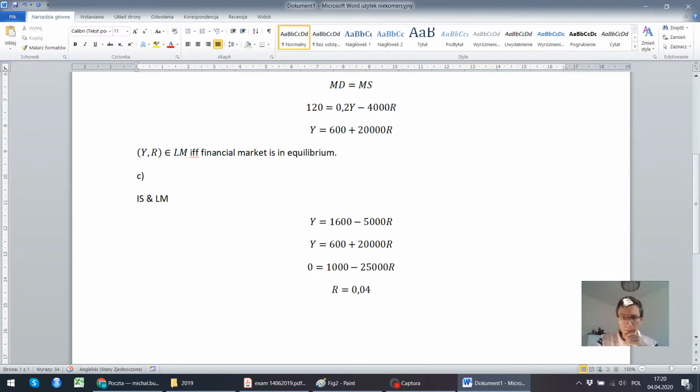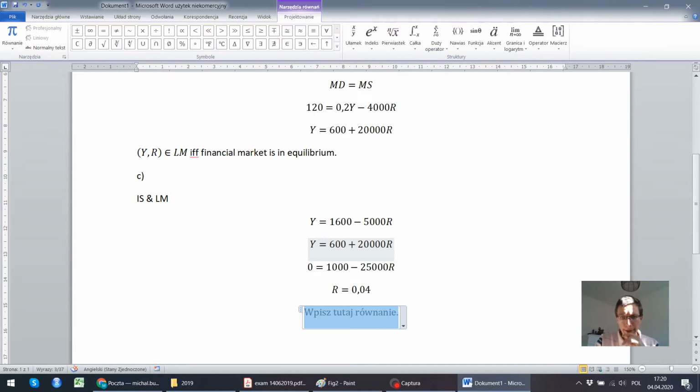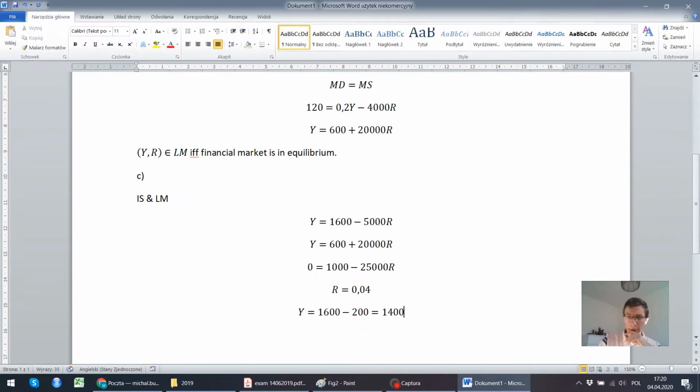Okay? And having R, we just plug it into either of the two equations, so that y is equal to 1600 minus 5000 times 0.04. This is something close to 200, which means that the equilibrium output is equal to 1400.